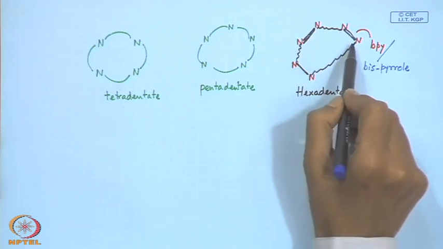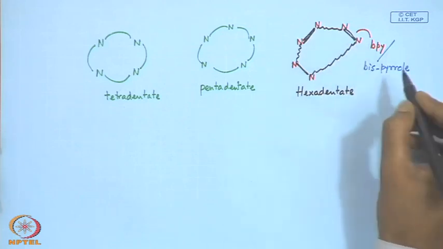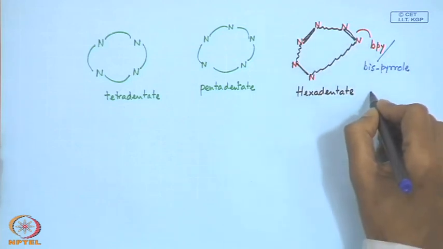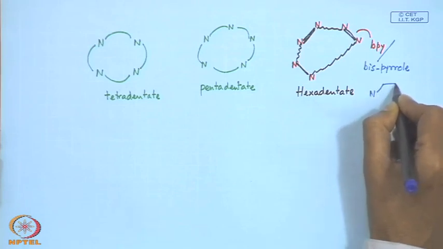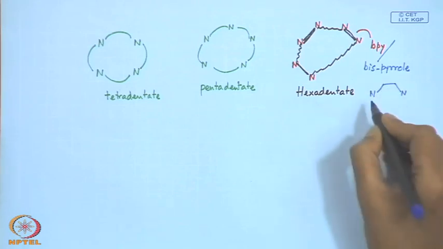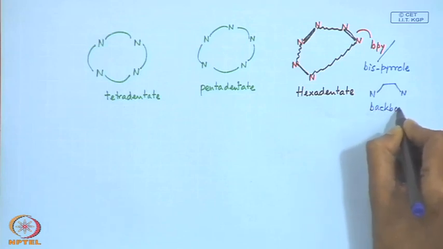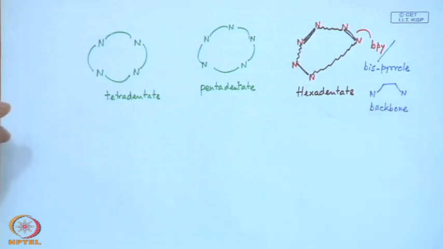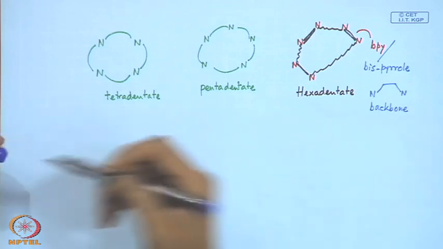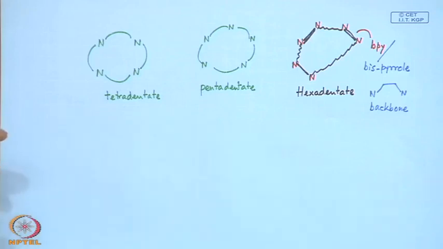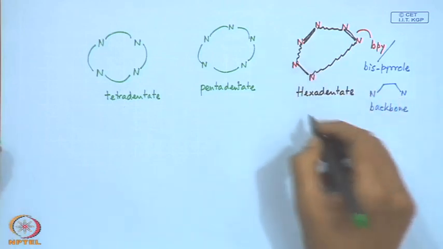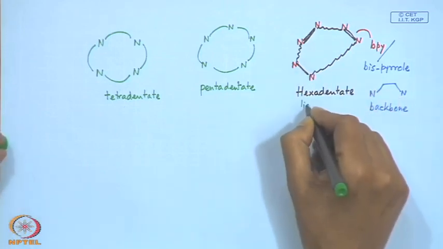The idea is that we have two adjacent nitrogens fixed with a nitrogen carbon carbon nitrogen backbone. This is the backbone, and that will give rise to a rigid structure. So, we have the hexadentate ligand which is rigid in structure.